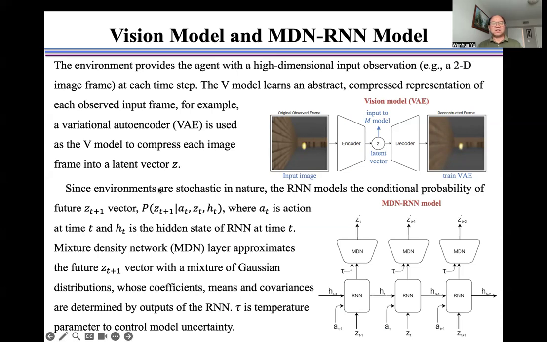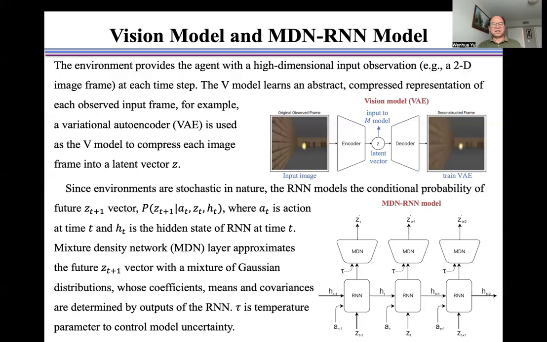Since the environments are stochastic in nature, the RNN models the conditional probability of a future z t plus 1 vector, namely, it's a conditional probability, where AT is the action at time t and HT is the hidden state of RNN at time t.